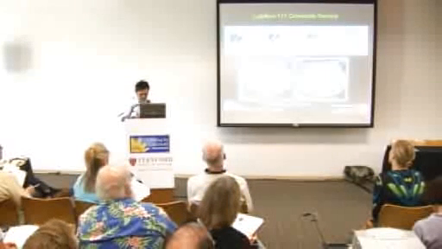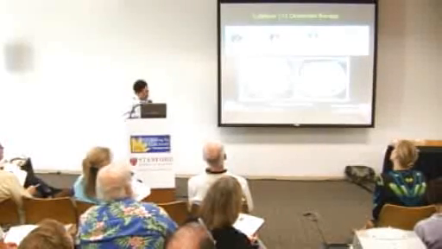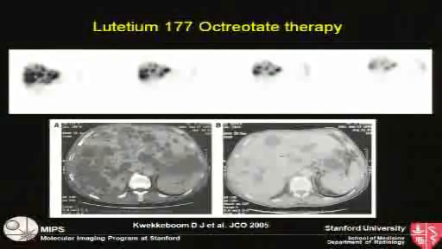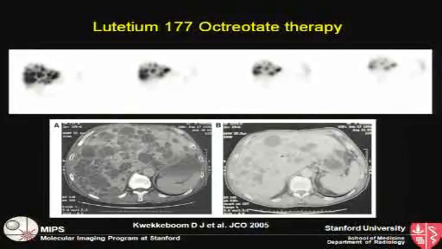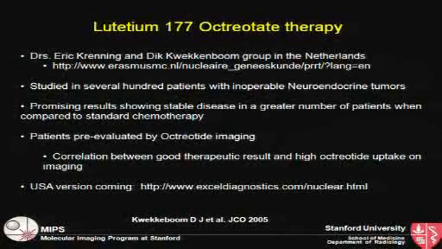I know specifically Pam and George wanted me to talk about octreotide therapy, and I'll just end on this, okay? As opposed to just giving octreotide therapy, you can actually radiolabel octreotide with a molecule that's incredibly high dose, and that's lutetium-177. This provides a remarkably high dose in a very small, defined area.